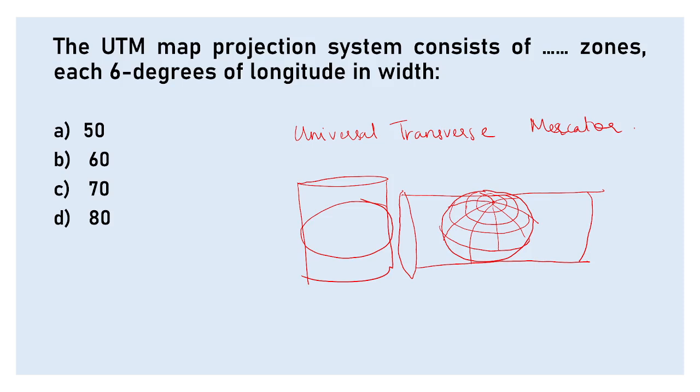So in total, we will have almost 120 zones, 60 for the north and 60 for the south. Hemisphere wise, it is 60 each, but generally we have 60 zones in total, each of 6 degree difference of longitude.